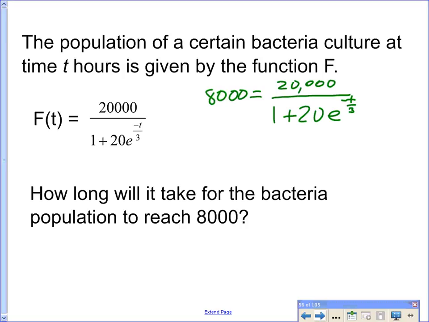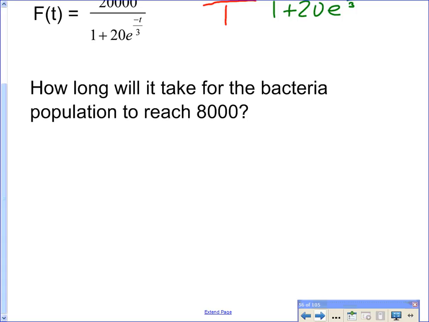So from that, what you notice is that you have a variable that you're trying to solve for, which is our t, that is an exponent, but not only that, it's in the denominator. So we need to work through that and bring it to the numerator first, and then worry about getting it out of the denominator. So I'm going to make this 8,000 over 1. And we know that we can use cross products for this, okay?